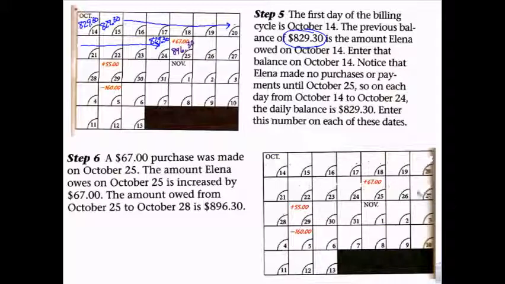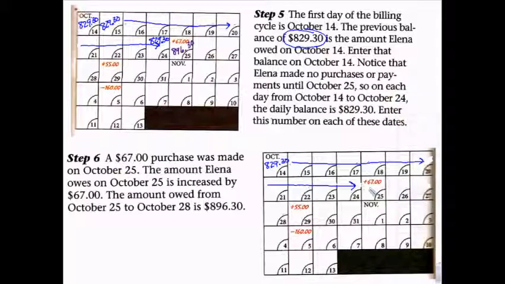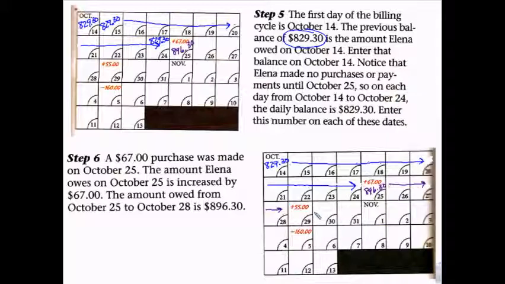Yeah, that's actually in step 6. I kind of wrote it in the wrong place. So we're $829.30 all the way to here, and then we add our 67, and we become $896.30. And then we're $896.30 to here, and then we add our 55, and we become $951.30.